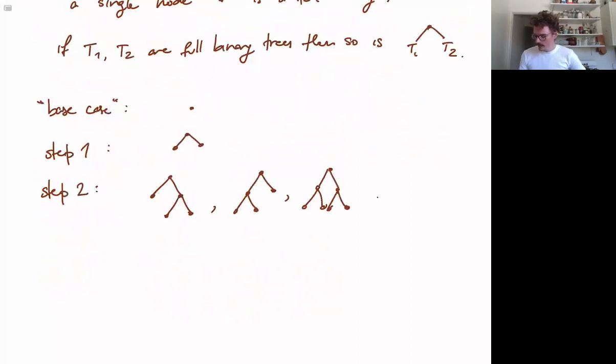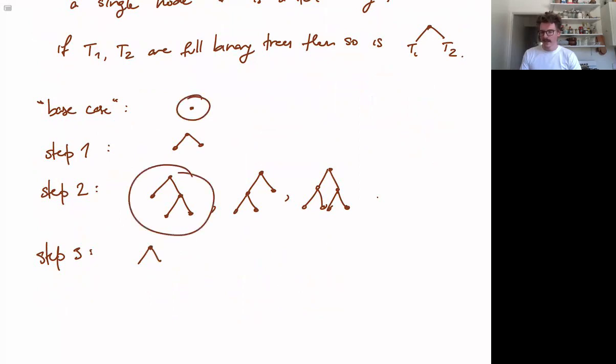And then step 3, things start to grow. So I'm not going to write down all of them, but let's do a couple of examples. We start with a node and we want to put things on each of its two little legs. So maybe we put nothing on the first leg and this thing on the second leg. So we get a single node here, and then here we get this.